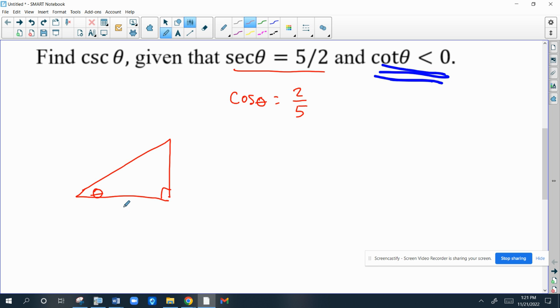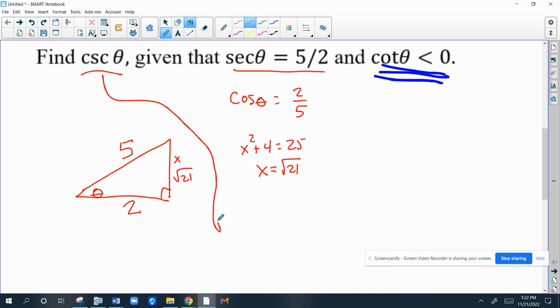Therefore, the adjacent side to our angle is 2. The hypotenuse is 5. We're going to figure out the opposite side with the Pythagorean theorem. So x squared plus 4 equals 25. x squared equals 21, so x equals the square root of 21. We're supposed to figure out what cosecant is.